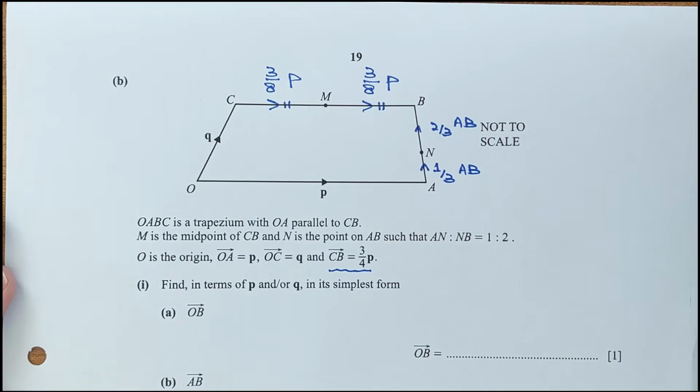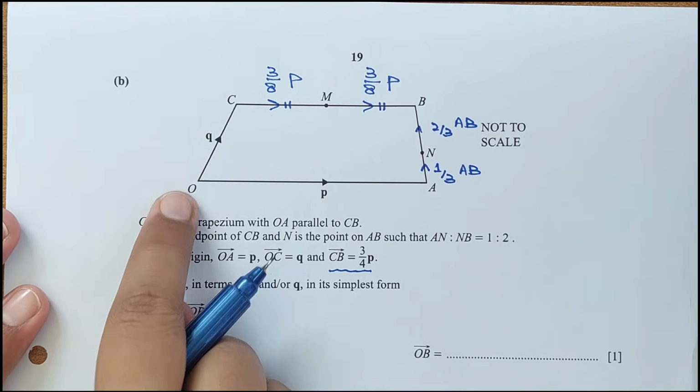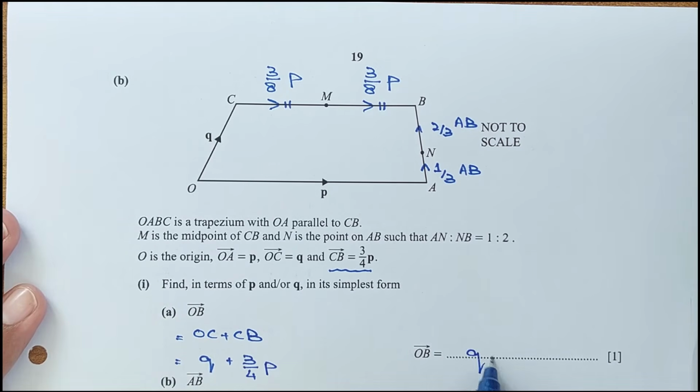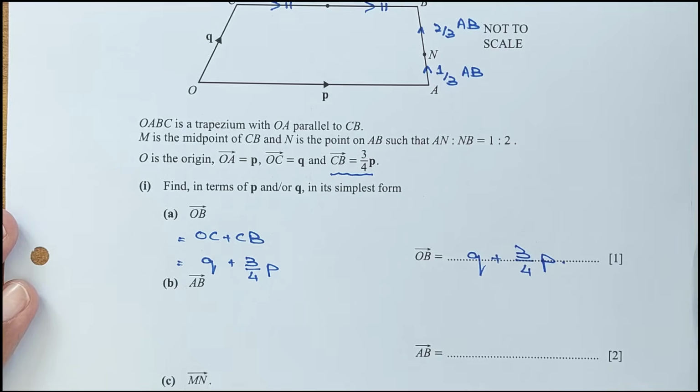Now number 1, find in terms of P and or Q in its simplest form. Number A, OB. O to B is OC, CB. What is OC? O to C is Q, and what is CB? 3 by 4 of P. Q plus 3 by 4P, right? Number B, AB.